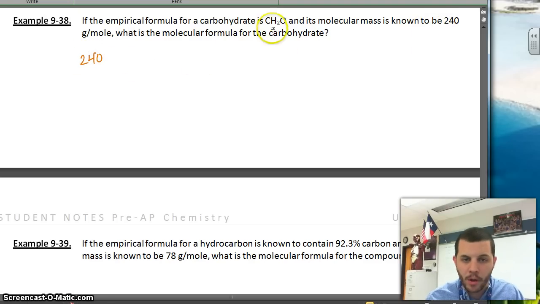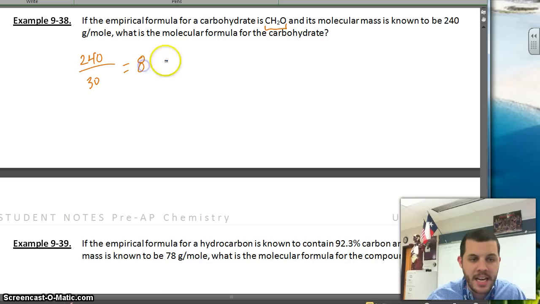My molar mass for my empirical formula only is 12.01 for carbon plus 2.02 for hydrogen, because there's 2 of them, plus 16 for oxygen. I get 30.03. So I'm going to divide this by 30. Okay, so 240 divided by 30 is 8. So I have 8 empirical formula units.